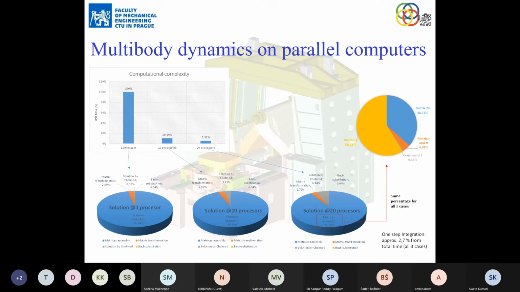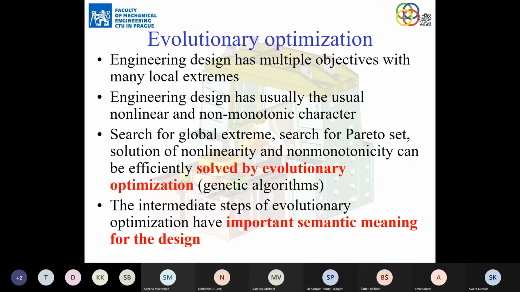But we have succeeded in showing that, for example, multi-body dynamics for a reasonably sized vehicle can be run on 10 processors, so 10 times quicker, so 10% of the time is necessary, or on 20 processors only about 5%. Really, the saturation, as you can see, is very small, a fraction of a percent, and this is very convincing and encouraging that this approach is efficient.